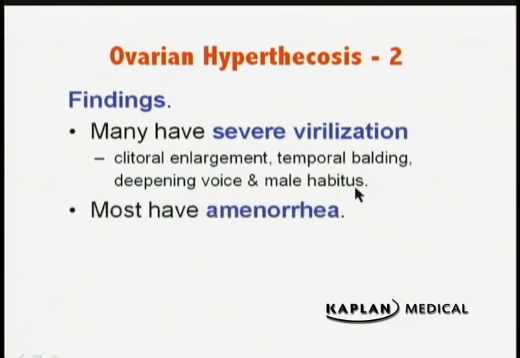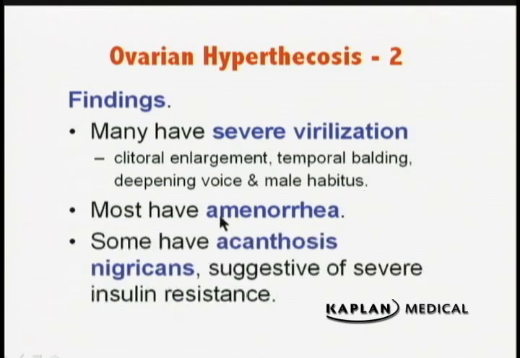Most will have amenorrhea, particularly those who are premenopausal. Some have acanthosis nigricans, and the acanthosis nigricans seems to be a marker of insulin resistance. I'll show you a picture of that when we discuss this further in the section on PCOS.